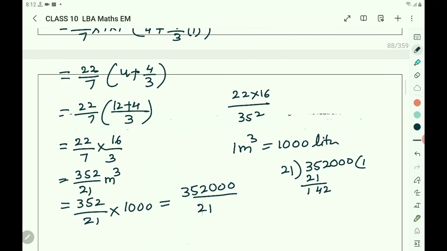Then 21 into, how much are you going to get here? 21 7s are 147. Then 21 into 6, 21 6s are 126. Then 12 minus 6 is 6. 3 minus 2 is 1.